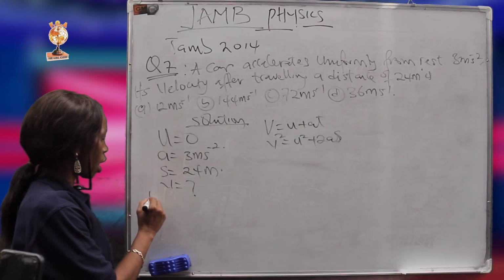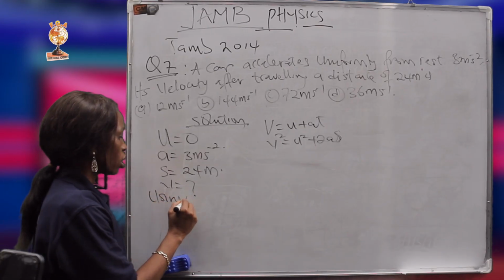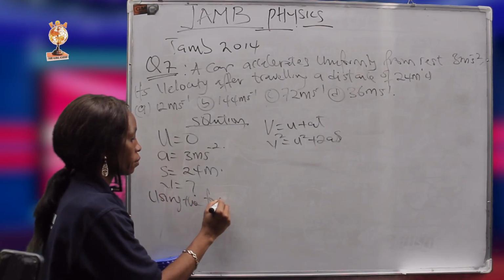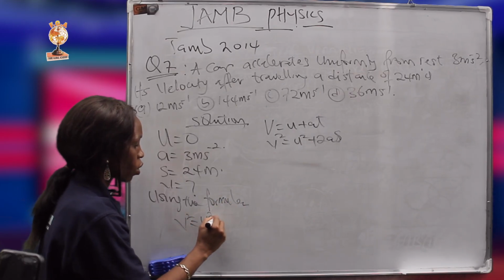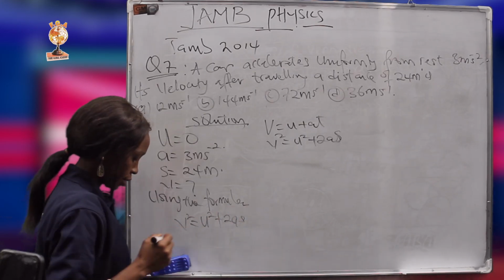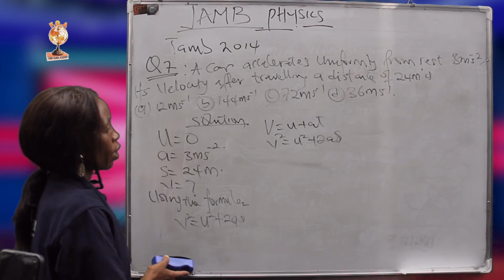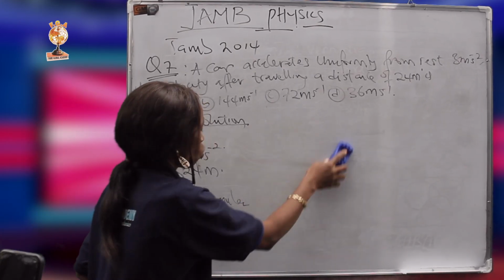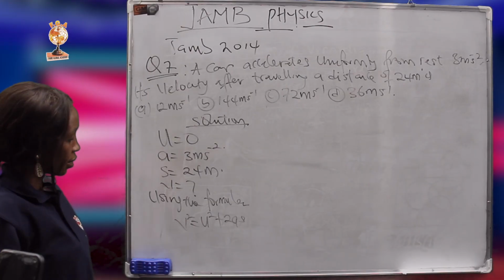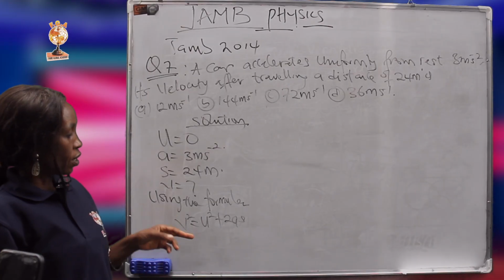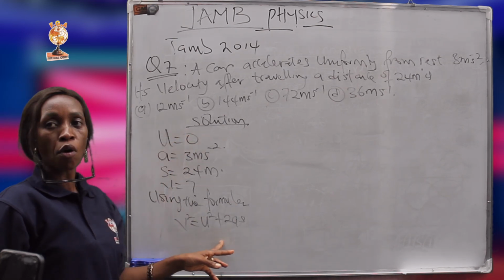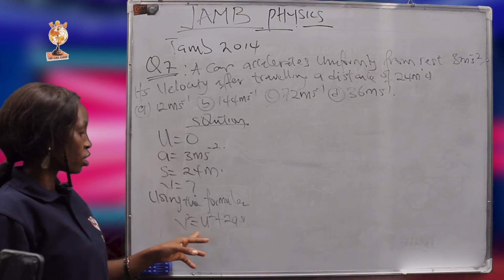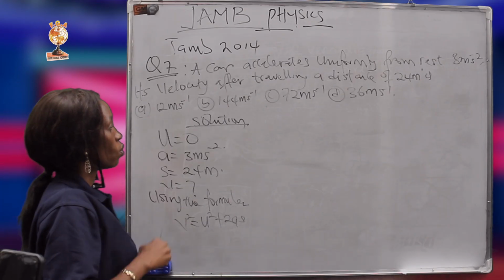So using the formula, V squared is equal to U squared plus 2AS. Now, all I need to do is to input all this into this formula. So let's go.